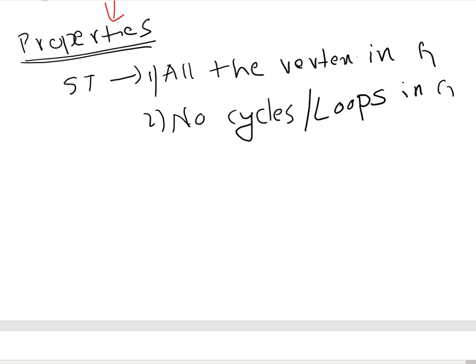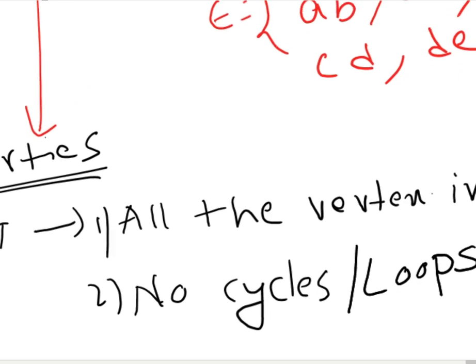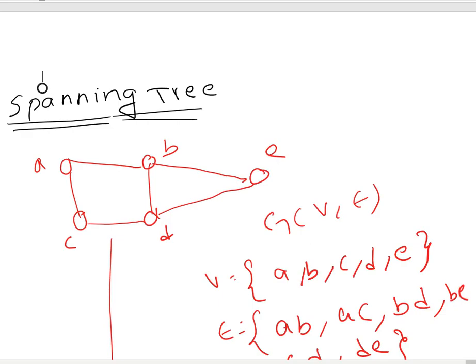In a graph G as shown in the above figure, we can draw different spanning trees. So a spanning tree should consist of all vertices of graph G and no cycles in that graph. Let me draw the spanning tree for the graph above.